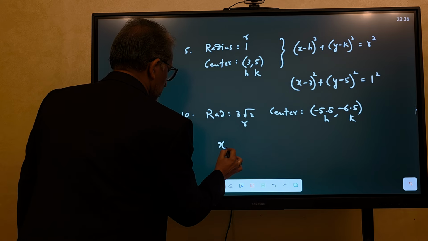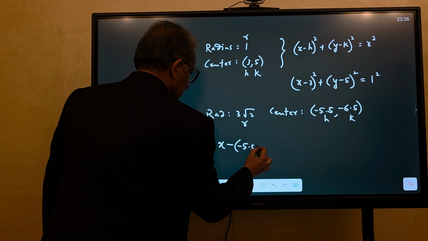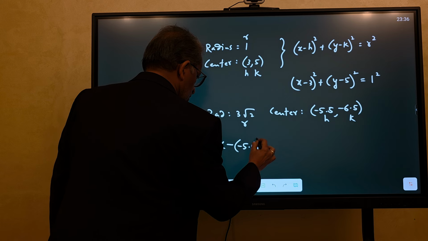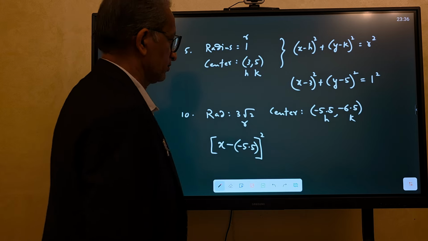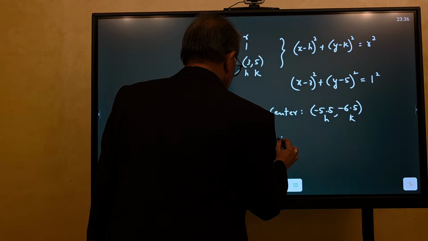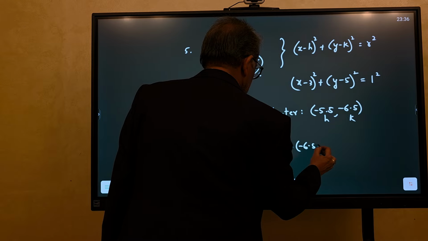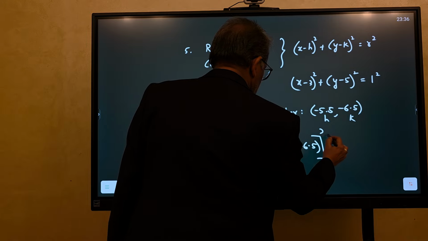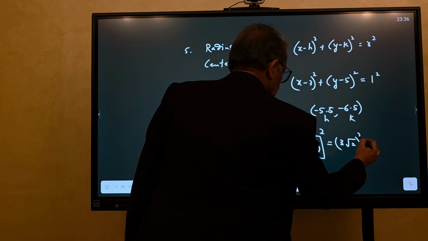So putting here in this, x minus minus 5.5 whole square. See, x minus h whole square plus y minus minus 6.5 whole square equal to 3 root 2 whole square.